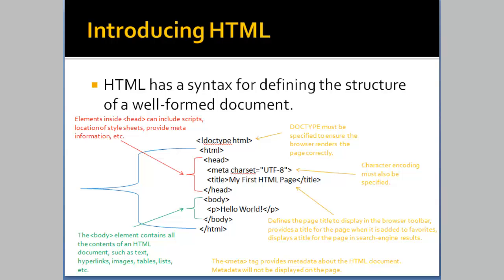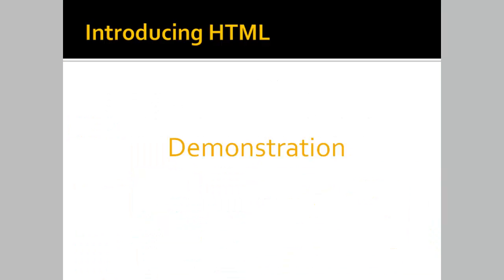We have a head section that provides additional information for the browser or search engines to use to identify our page. And then we have the body section, which is the HTML, which will render the page to the user. So anything that we want the user to see will go in the body tag. So let's go look at some code.